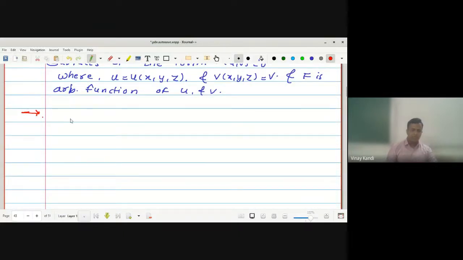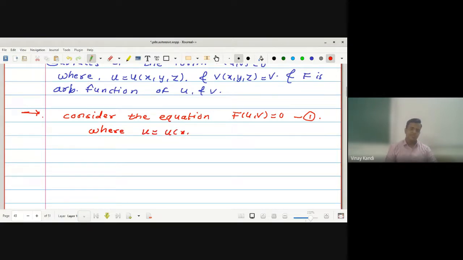Consider the equation f of u and v is equal to 0. Give it as equation number 1, where u is a function of x, y, z and v is a function of x, y, z.